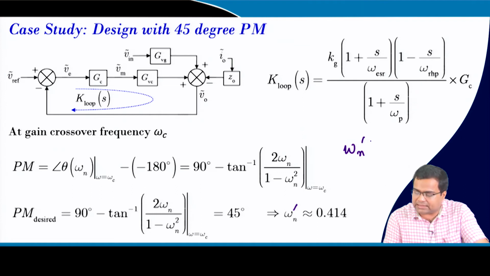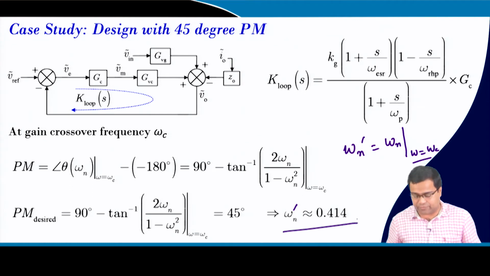Omega n dash is nothing but it is the omega n at omega equal to omega c, that is it. So, that is 0.414.